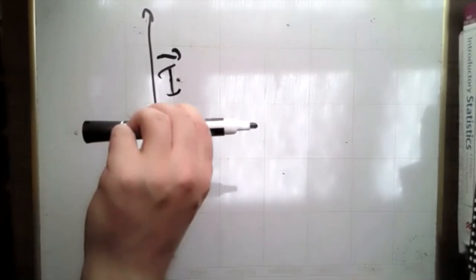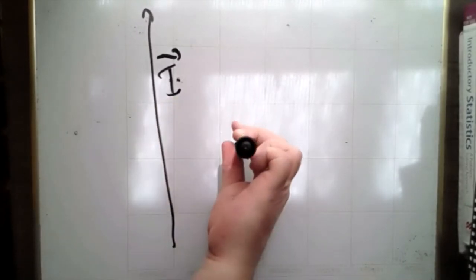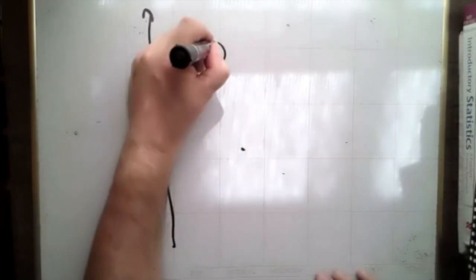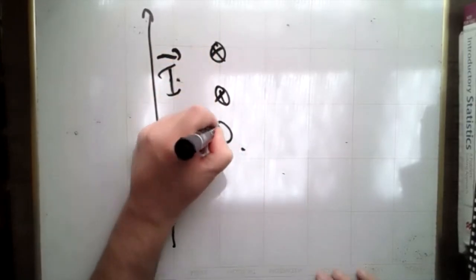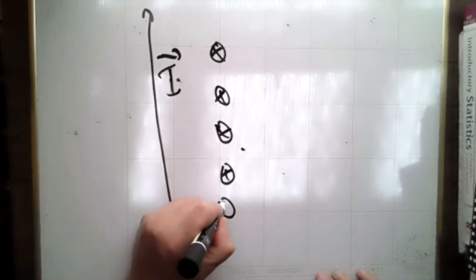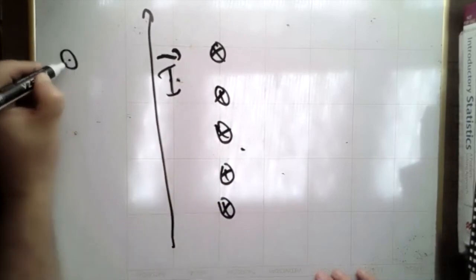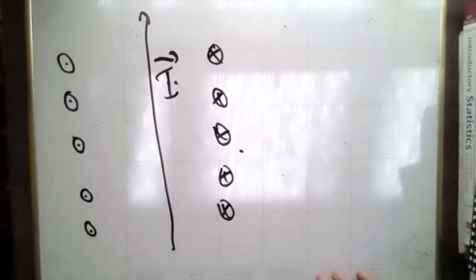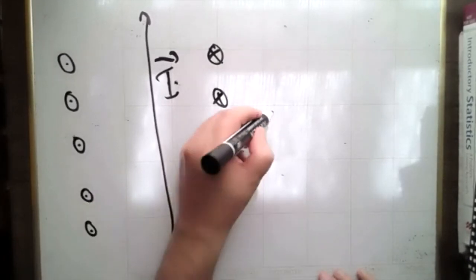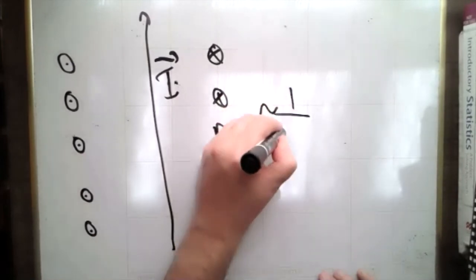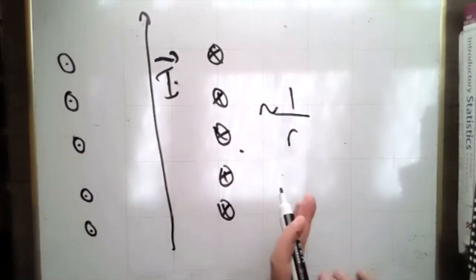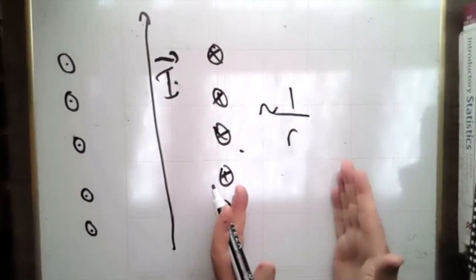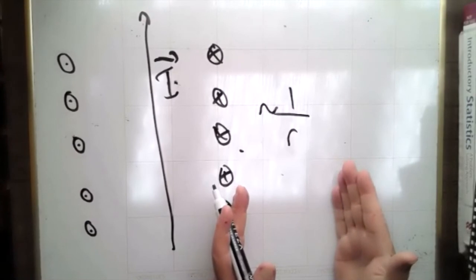Here on top, it goes like this. Over on the side, it goes in. So all down here into the board, all over here on the surface of the board, the magnetic field would be pointing out, and it drops off like 1 over distance. If I double the distance, I get 1/2 the magnetic field.